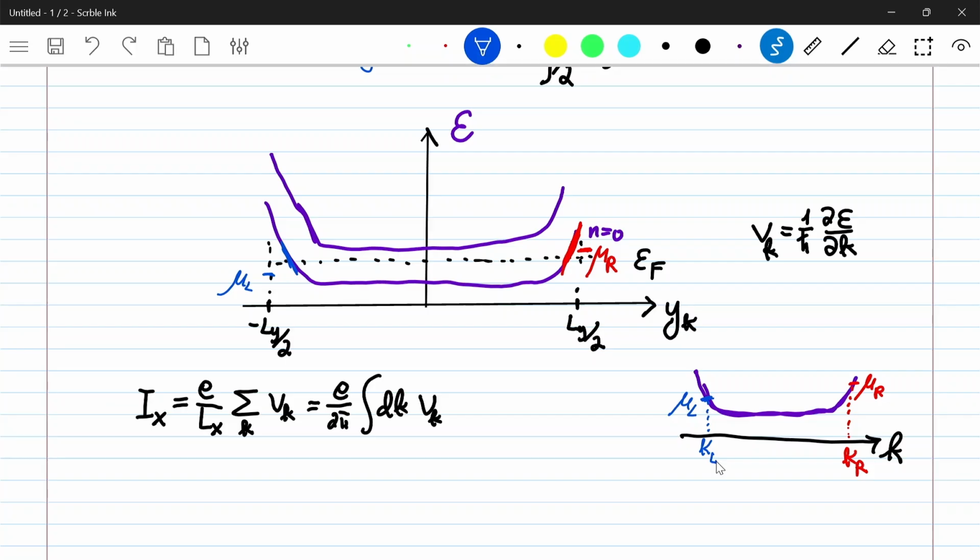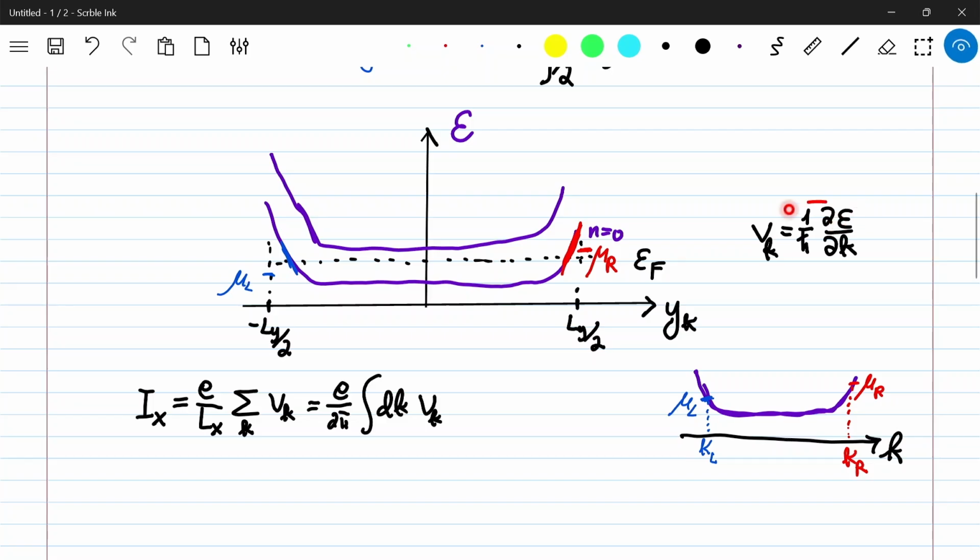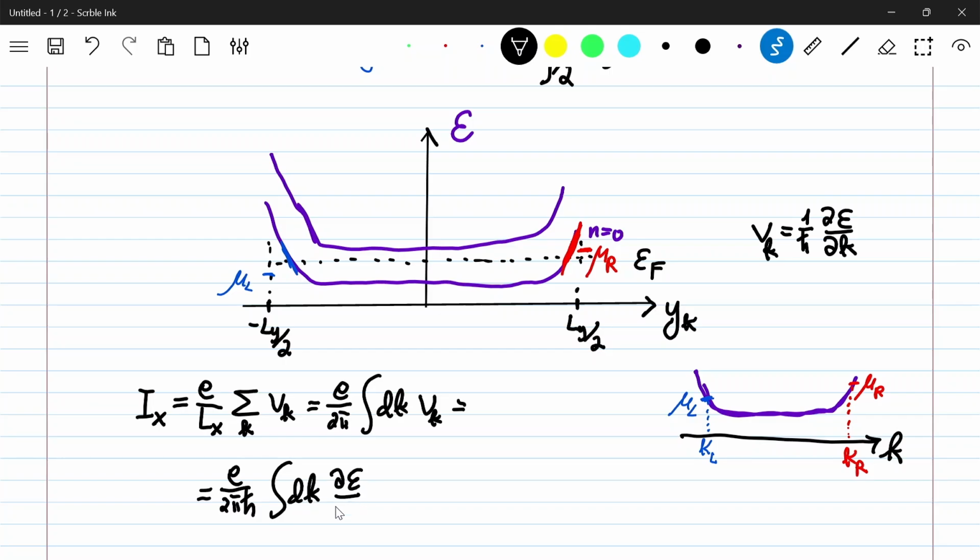Let us now use the definition of the velocity, and we get the following expression for the current: E over 2 pi h bar integral dk d epsilon dk.